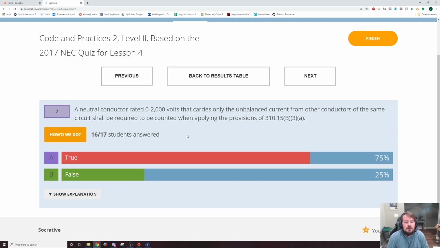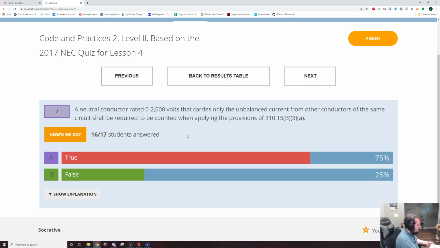All right. A neutral conductor rated 0 to 2000 volts that carries only the unbalanced current from other conductors of the same circuit shall not be required to be counted when applying the provisions of 310.15b3a. I would go to that section, 310.15b3a.